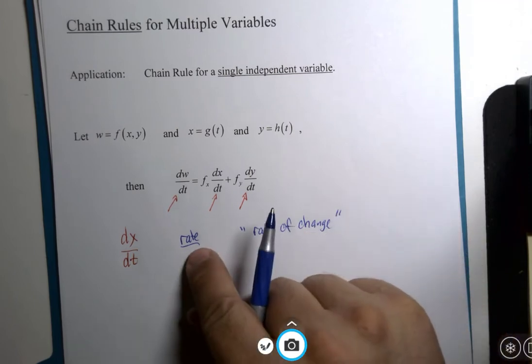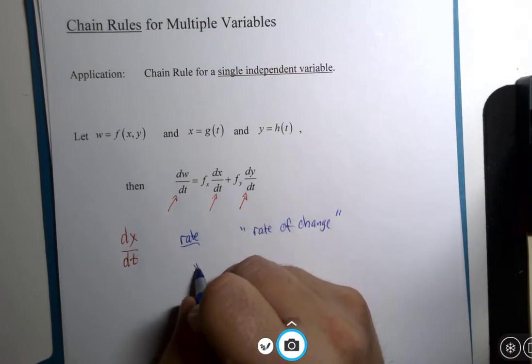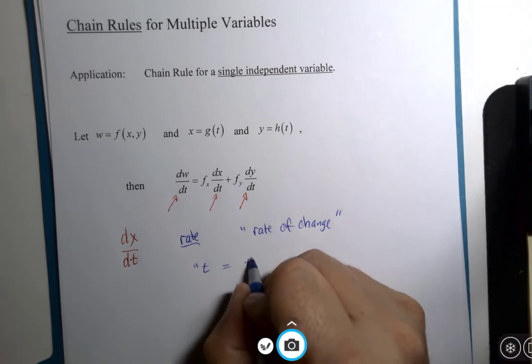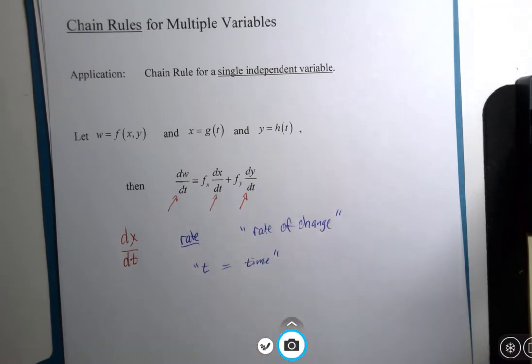But let's just think of it as some sort of a rate, and in this case t equals time. It doesn't have to be, but it's convenient for the applications, and I don't think it's an accident that our book writes it that way at all. In most books that are written in English will use this notation.